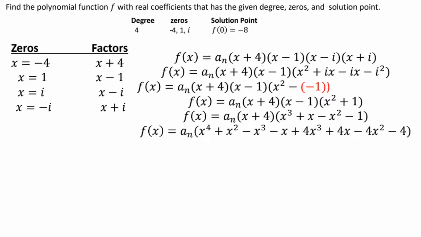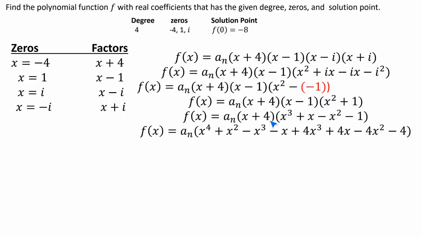So I keep multiplying. So now it's going to get a little bit longer, right? But x times x cubed is x to the 4th. x times x is x squared. x times negative x squared is negative x cubed. x times negative 1 is negative x. And then we start with the 4.